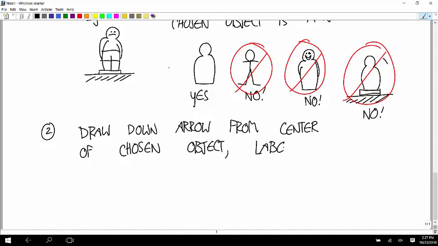And label it with the numeric weight if you know what that is. Or if you don't know it or you're too lazy to calculate it, right here, you can label it with mg. That just represents the weight. That's the mass times 9.81.